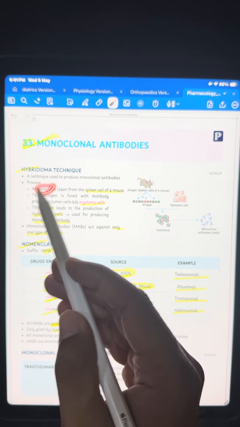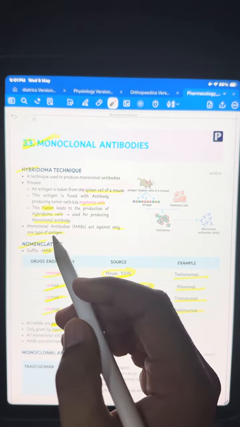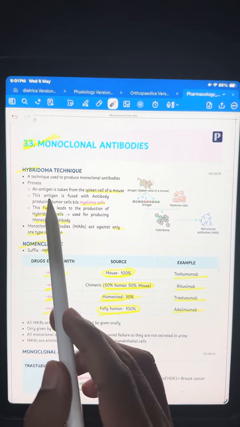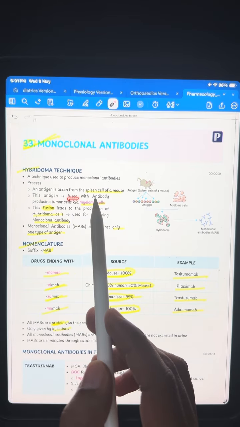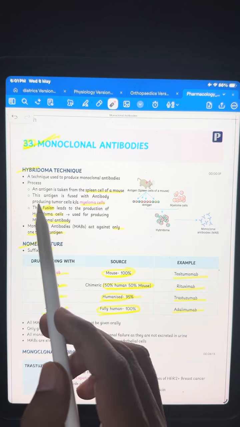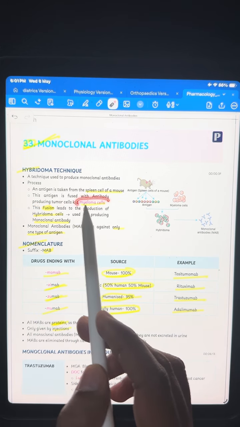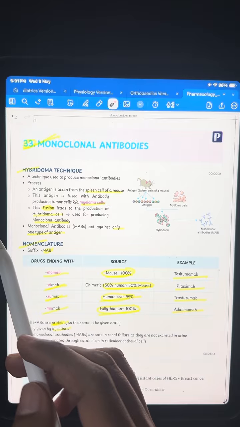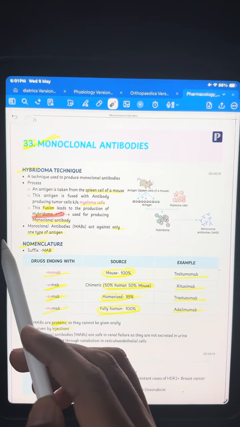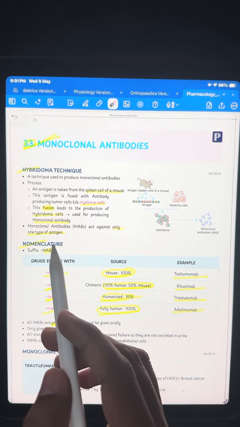There is an antigen taken from the spleen cell of the mouse, and then this antigen is fused with antibody producing tumor cells known as myeloma cells, which leads to hybridoma cells, which form monoclonal antibodies.